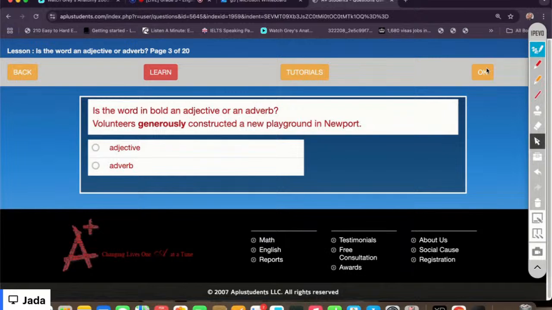Adjective or adverb? Okay, so an adverb, all right?